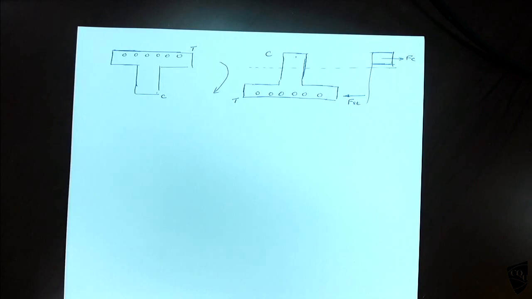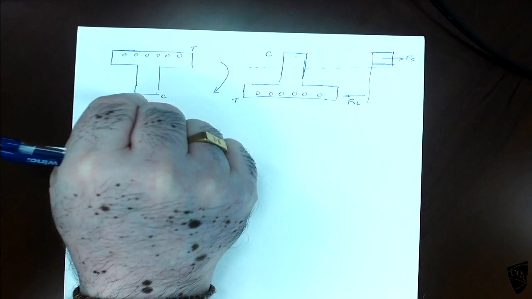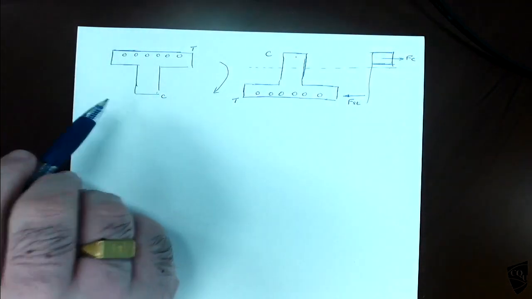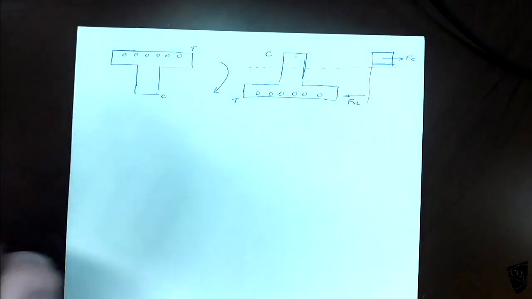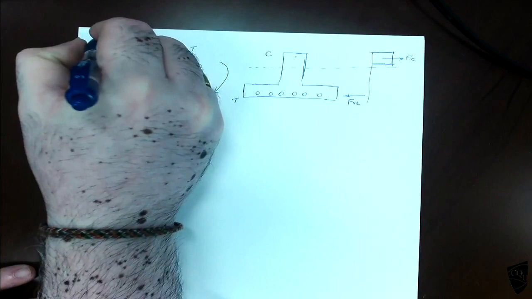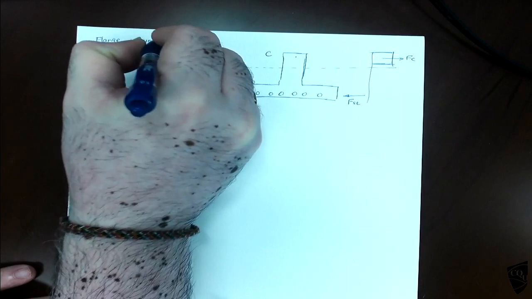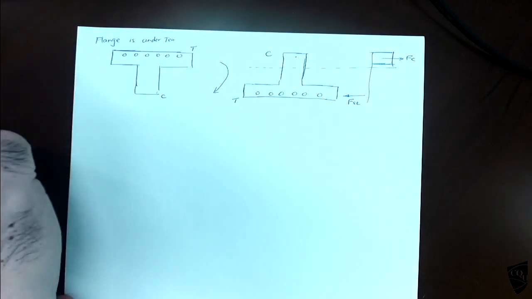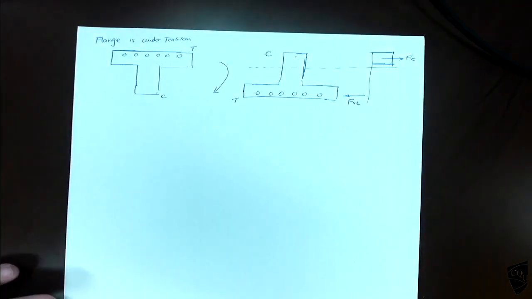The beam is like that, and I can't rotate it in the actual case, but for the workouts I just flip the section. So this is the flange, which is under tension.